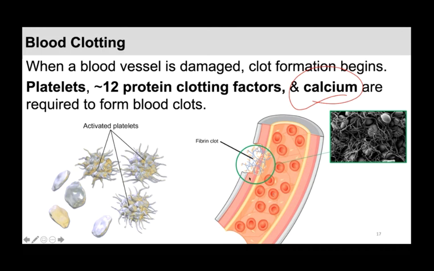So the clots are essentially fibrin mesh and platelets, which then start to trap red blood cells, and white blood cells race in because a broken blood vessel stimulates inflammation.